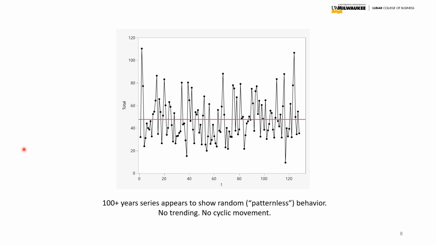This is a time series graph of 100 plus years of snow totals in Milwaukee. Looking at this time series graph, we don't really see any patterns. It basically looks like coin flips around the horizontal mean value. We don't see trending. We don't see cyclical movements. Let's confirm that with a more sophisticated test.